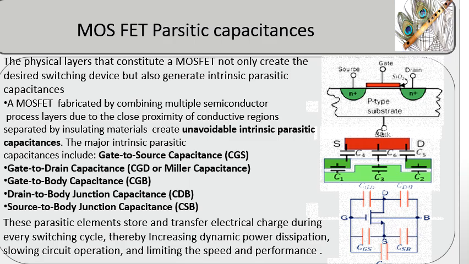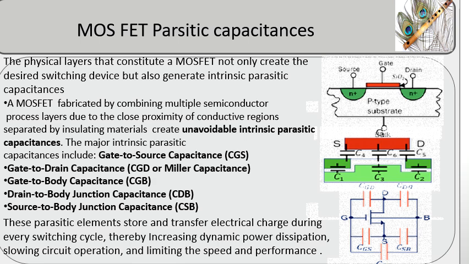A MOSFET is formed by the precise overlap of multiple semiconductor fabrication layers, including the silicon substrate, source and drain diffusion regions, gate oxide, and polysilicon gate. Together, these layers create a voltage-controlled device that regulates current flow between the source and drain through an electrically induced channel beneath the gate.